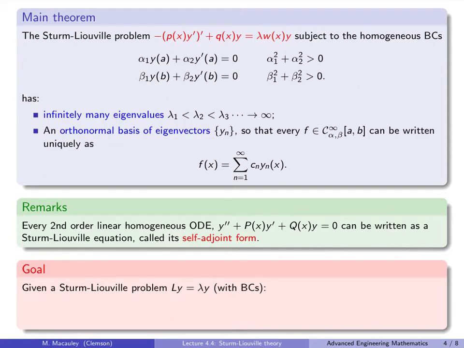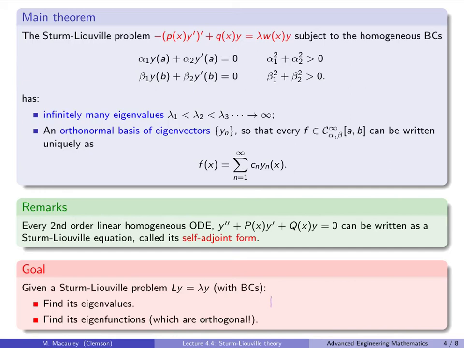Returning to the more immediate present, what we'll be doing in this lecture is, given a Sturm-Liouville problem, say Ly equals lambda y, with boundary conditions, of course, we want to do 2 things. First of all, we need to find its eigenvalues, find all possible lambdas. And secondly, find its eigenfunctions. So find the solutions to this ODE, and these things happen to be orthogonal.